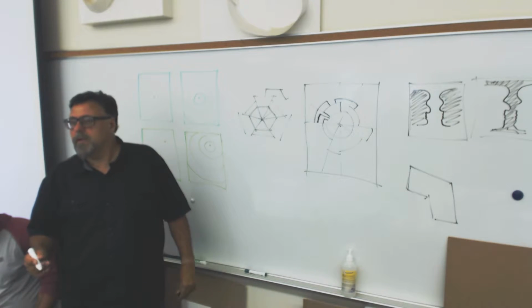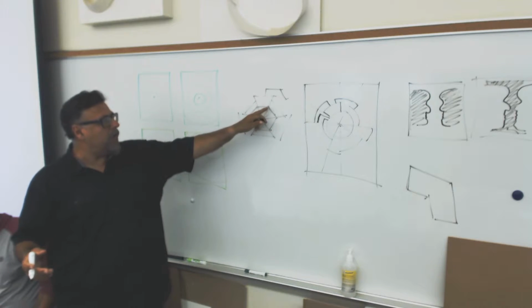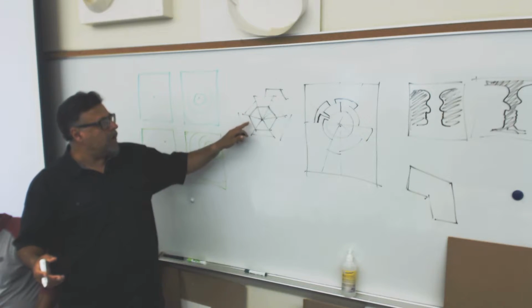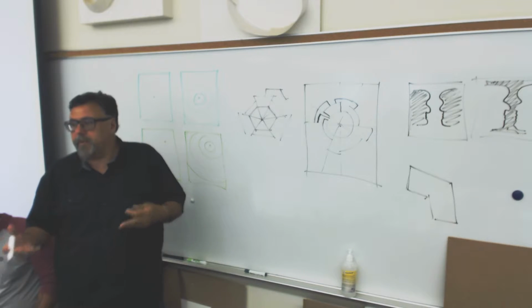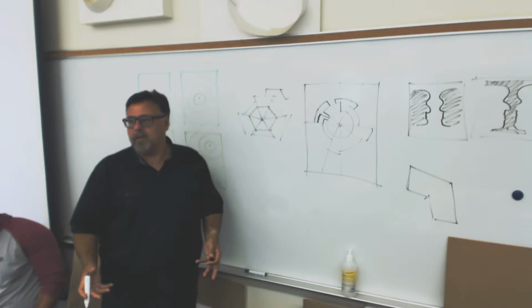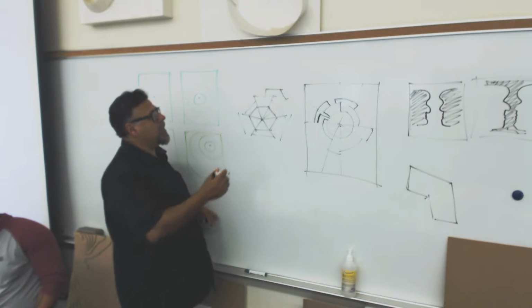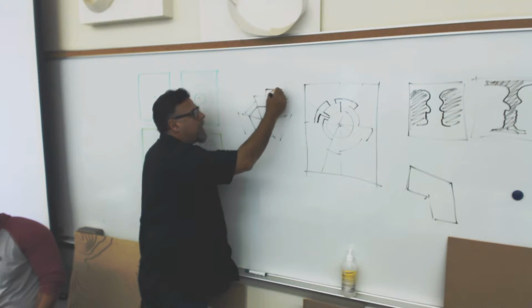So if you hit the cardinal points on the square, or on your hexagon or whichever other shape, the triangle, that's going to produce a very static result.